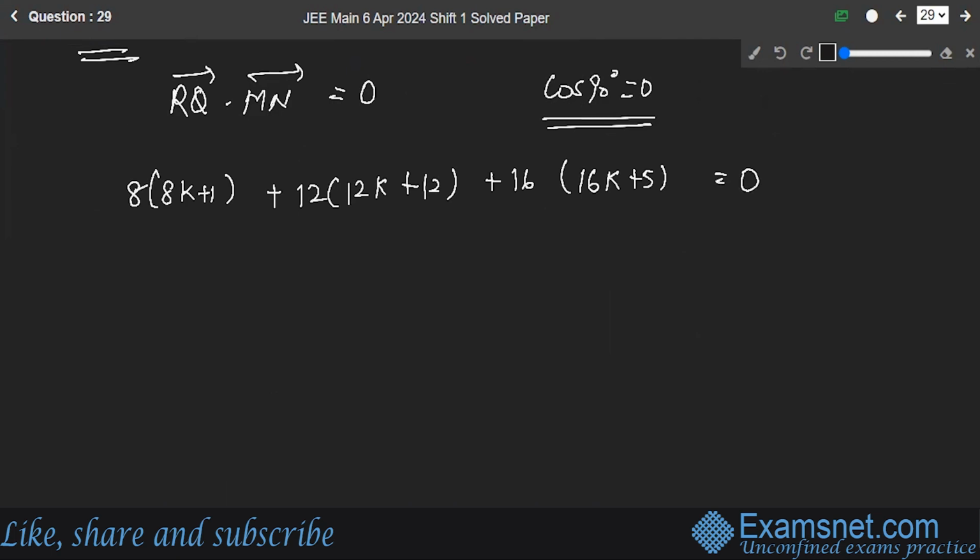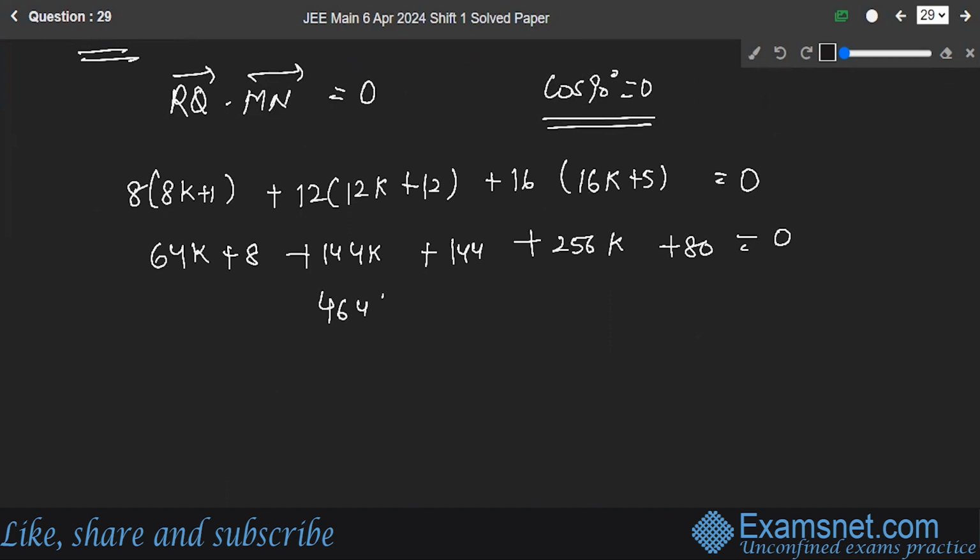Let's open the brackets: 64k plus 8, minus 144k minus 144, plus 256k plus 80. This gives me 464k is equal to minus 232, or k will be equal to minus 1 by 2.